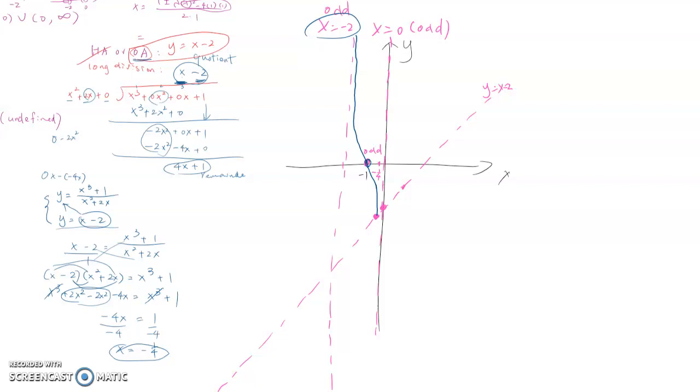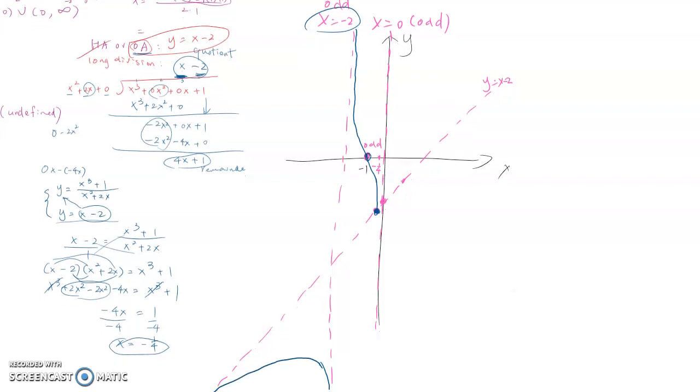So on this other side it is going down. Since we only have one point in our graph passing the oblique asymptote, we won't pass it anywhere else. So our graph will behave like this.